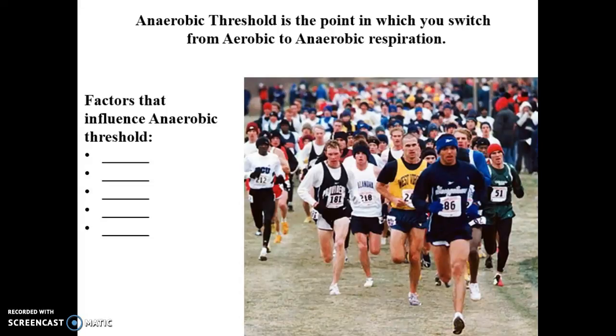This is the point where you go from being aerobic and making lots and lots of ATP, usually about 36 ATP, and you shift over into anaerobic, and you go all the way down to about 2 ATP. So 36 down to 2. Huge difference. So the key for these runners is knowing where their threshold is at and trying to improve their threshold, trying to change their threshold. This is possible.